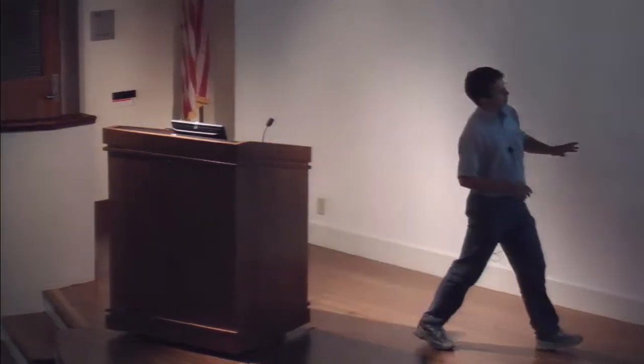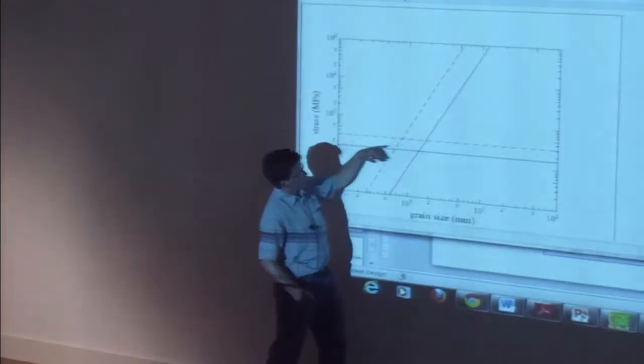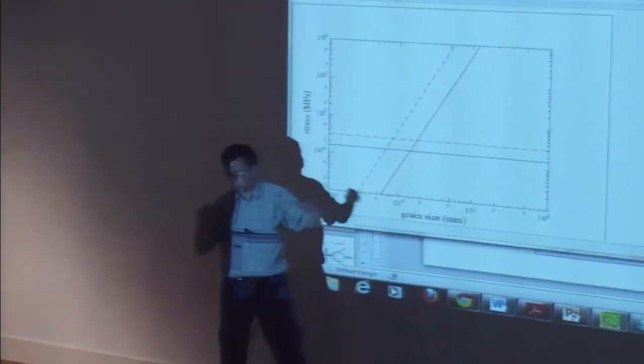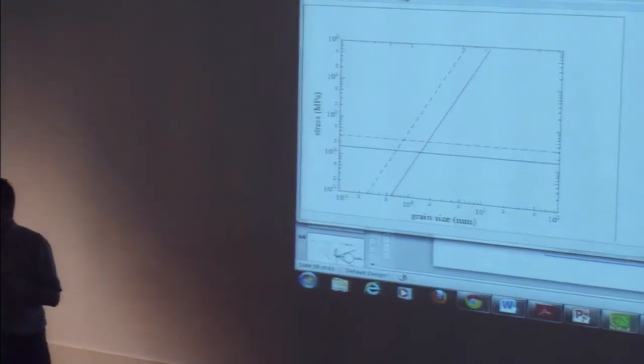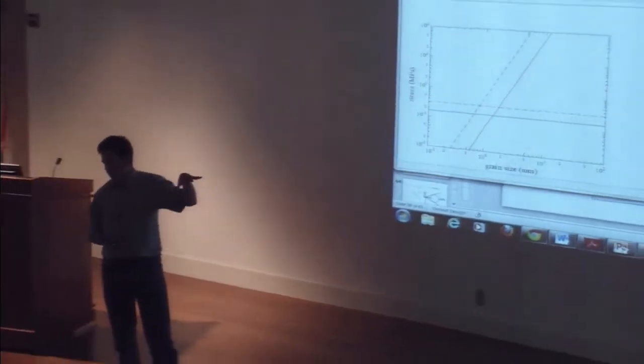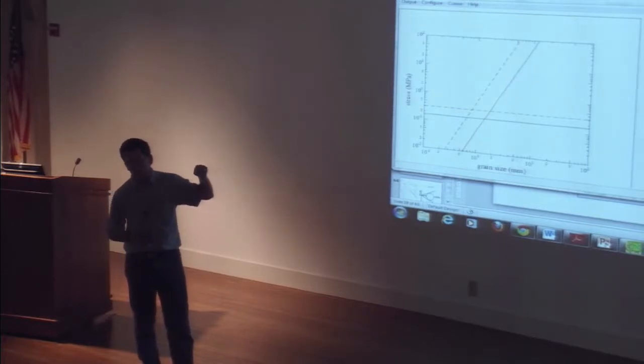The other thing you can see on here: we have this line and this line, and we have to figure out where we would be. All we've done is draw some strain rates. So with this map, we can now think of how to use it.